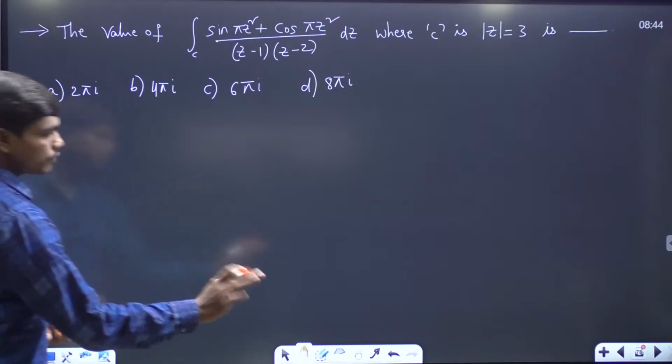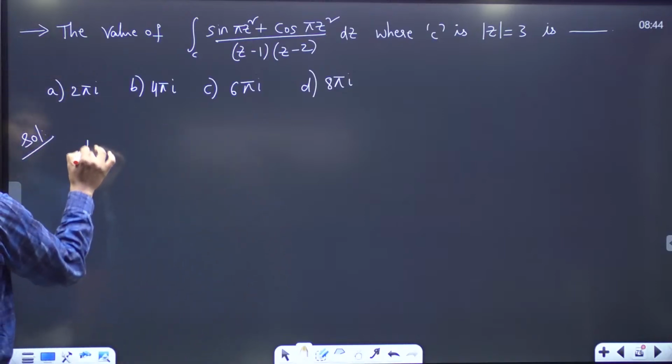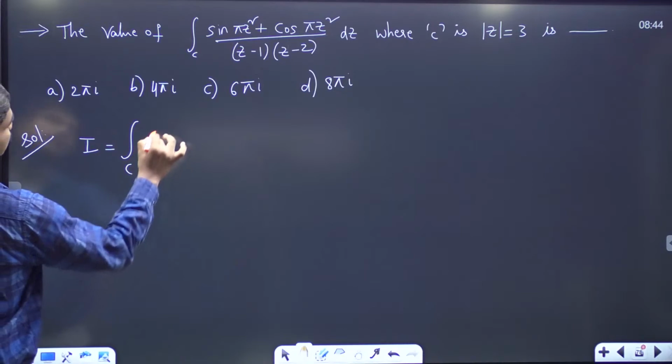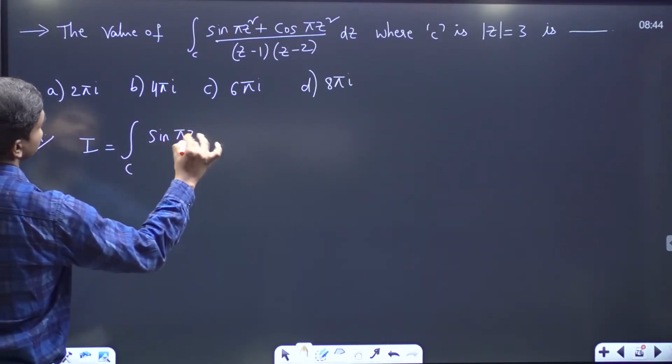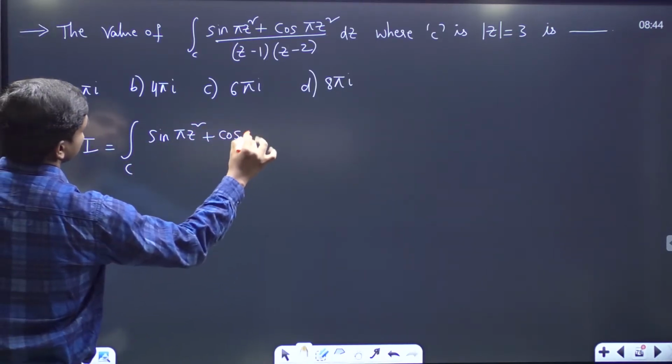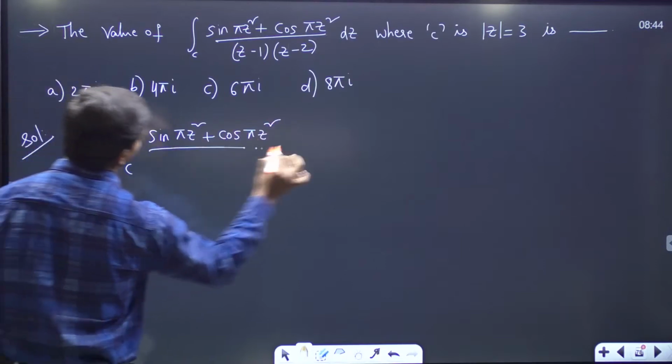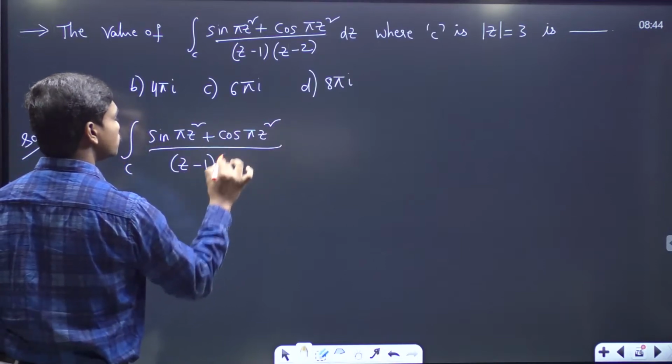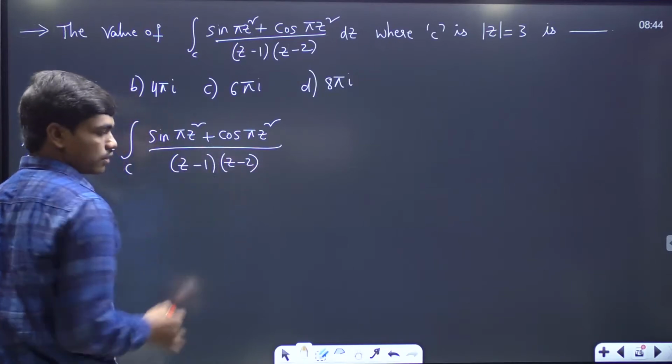Okay, I'll help you with this question. You can see here, I is equal to the integral over C of (sin πz² + cos πz²) divided by (z − 1)(z − 2) dz.